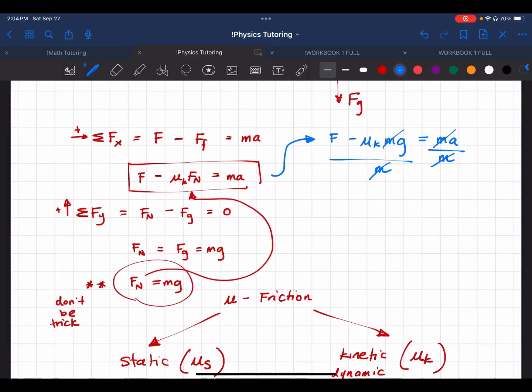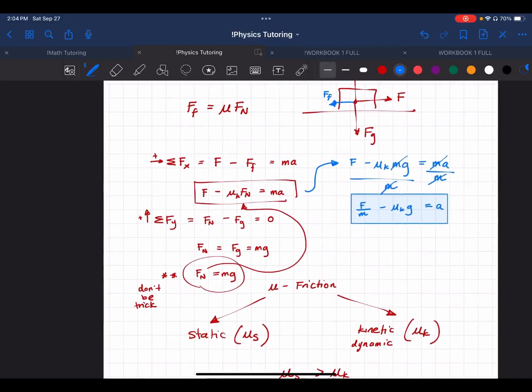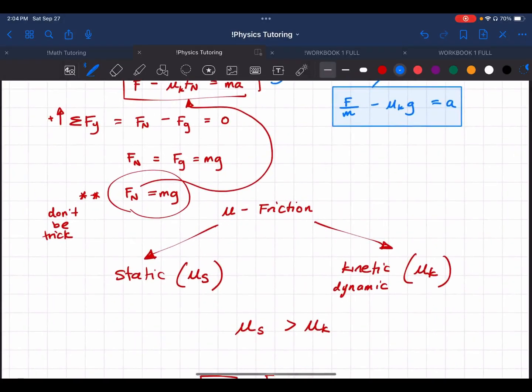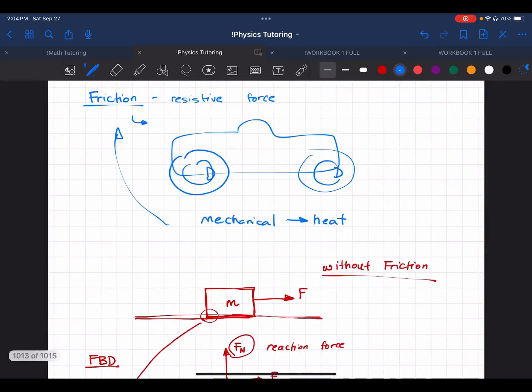So in the end, if I know my force, I divide it by my mass, minus mu k times g equals a. Usually in my problems, I know all of these, so then I can solve for stuff, right? It's not that bad. You just add another force to your problem.